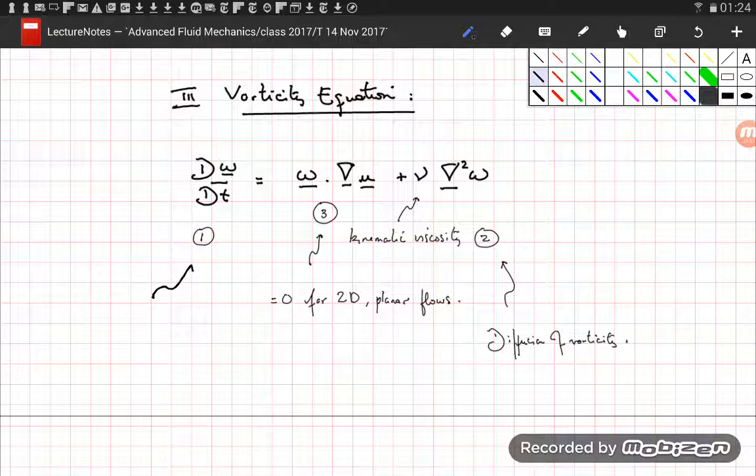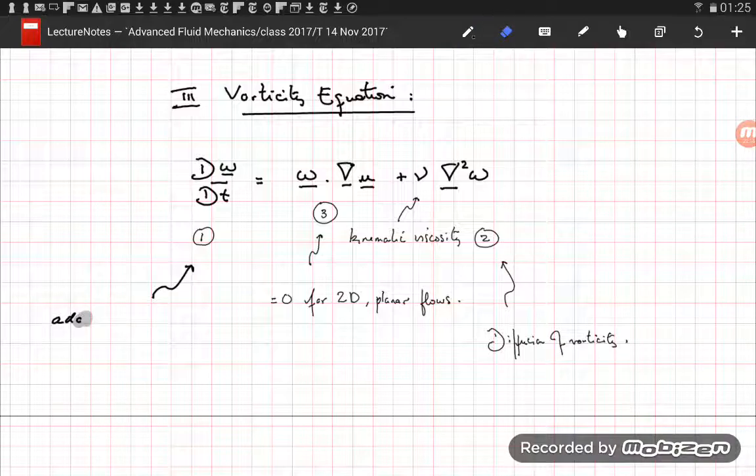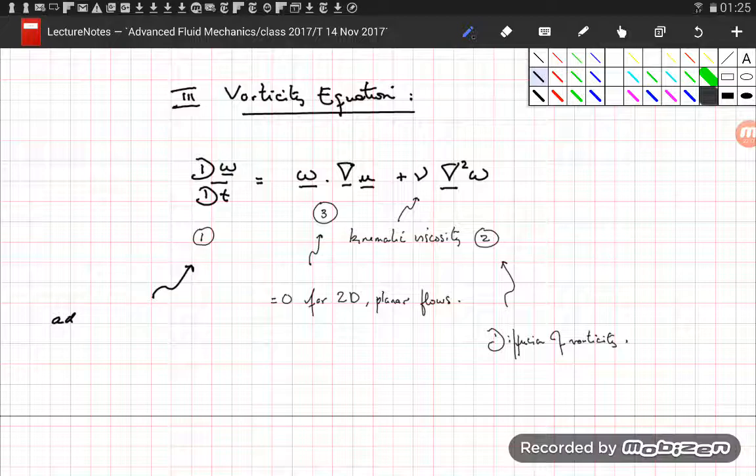And here the first term, the material derivative, represents the advection of vorticity, the time changes of vorticity if you follow a material element.